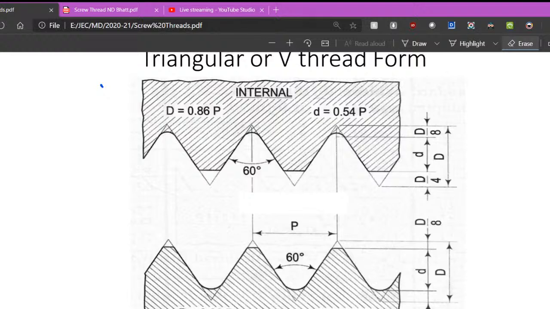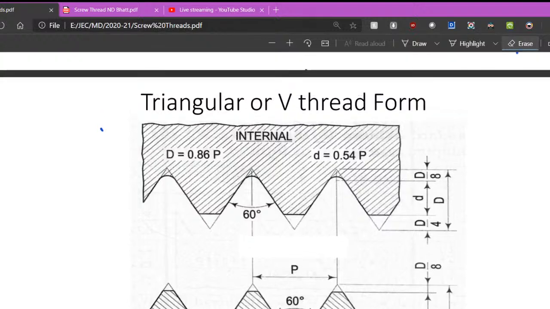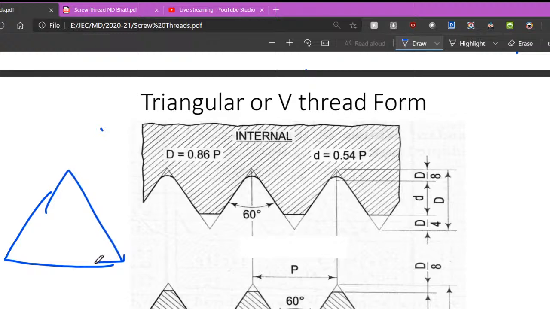So just for a moment understand it. Triangular threads are formed based on the standard or fundamental triangle.